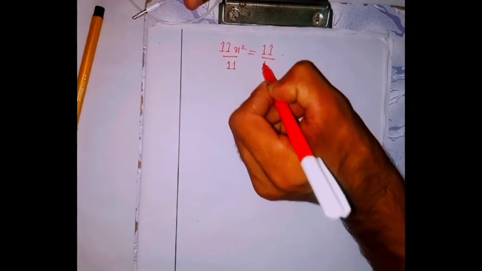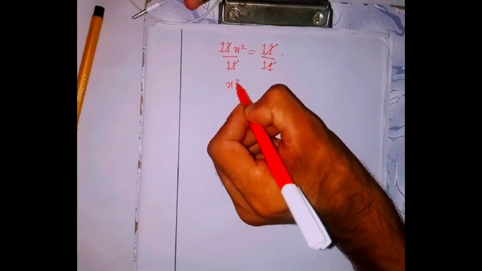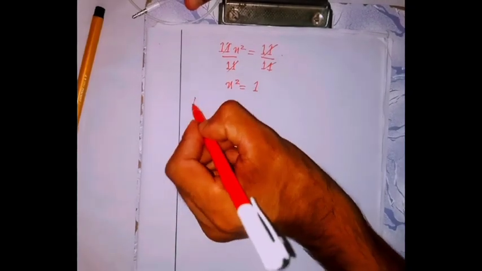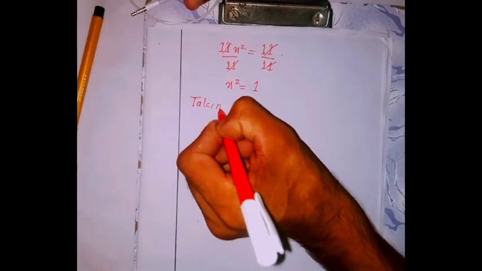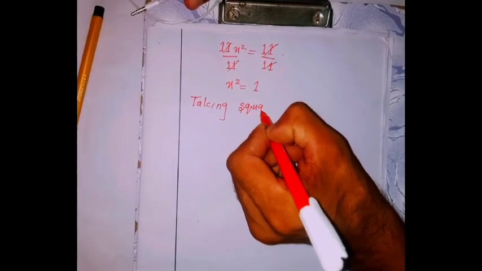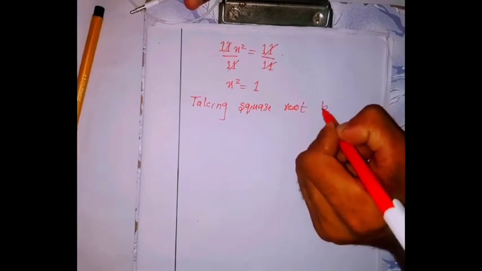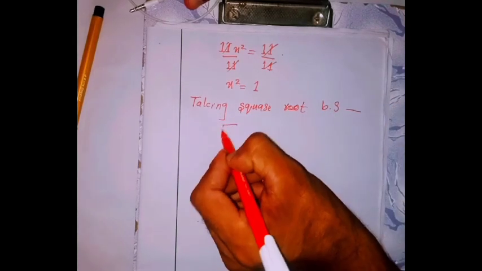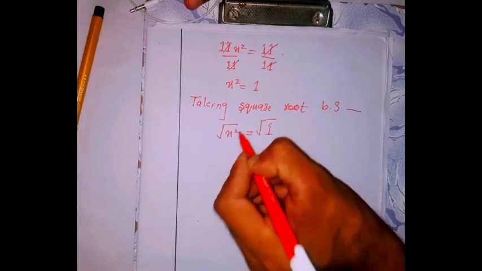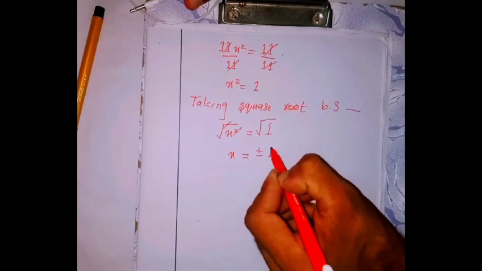Now if we divide both sides by 11, it cancels, so we get x square is equal to 1. Now taking the square root of both sides, the square root of x square and the square root of 1, so we get x is equal to, taking the square root both sides, square cancels with square root, so we get x is equal to plus minus 1.